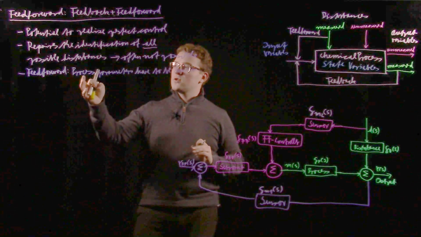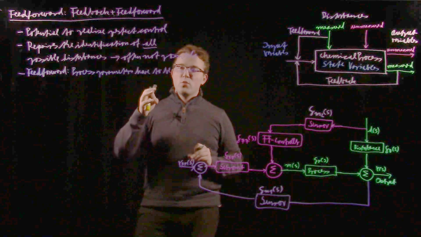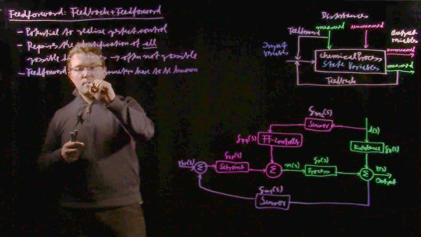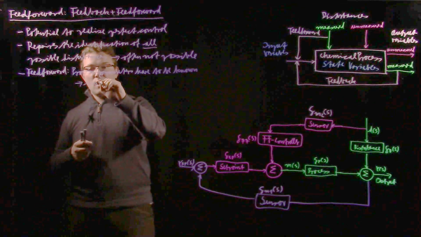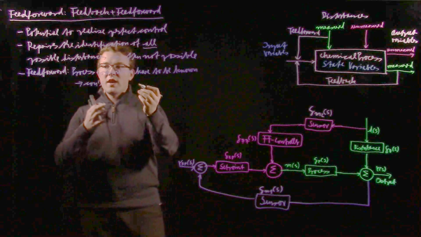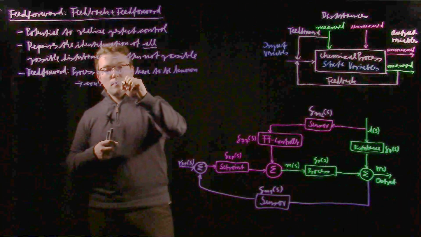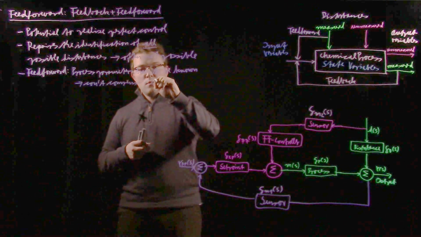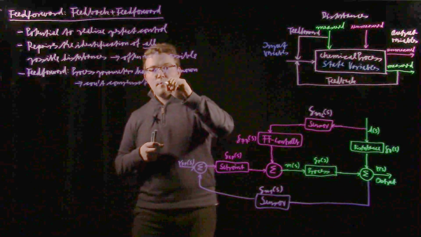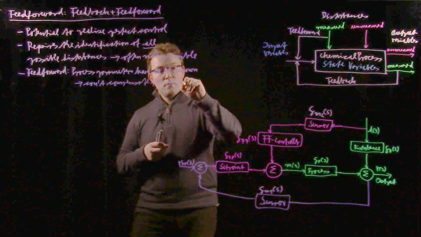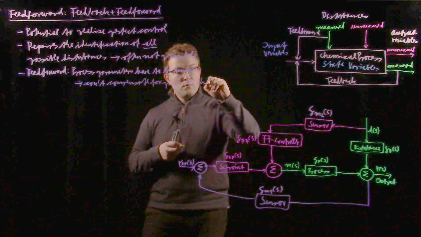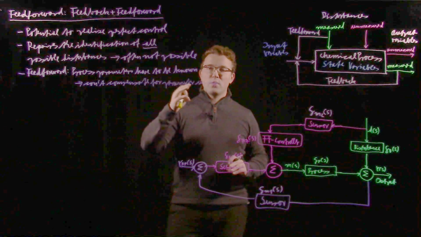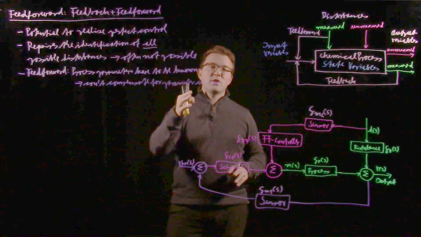And if you're just using feed forward, they have to be known because we can't react if they are changing. So we can't compensate for change in the process. So in feedforward, the process parameters have to be known, and we can't compensate for parameter changes.